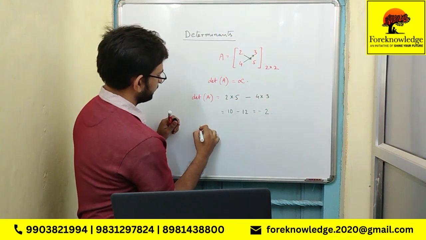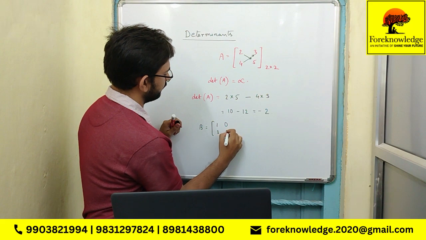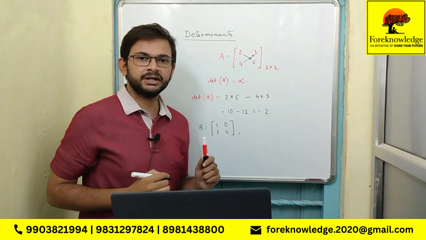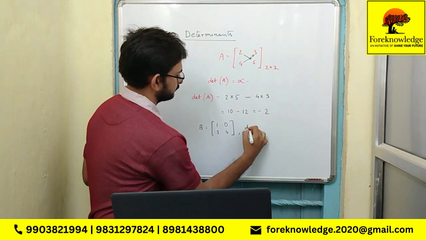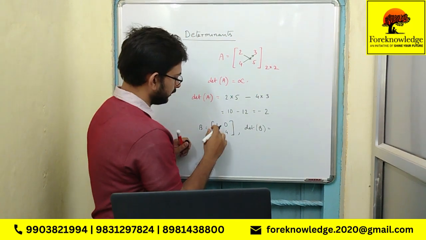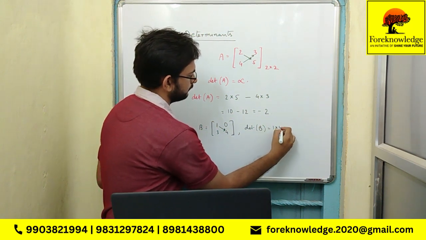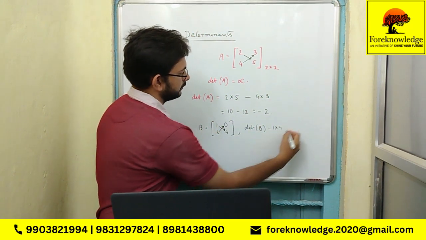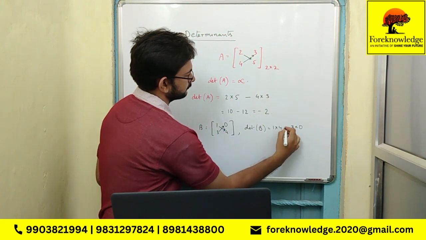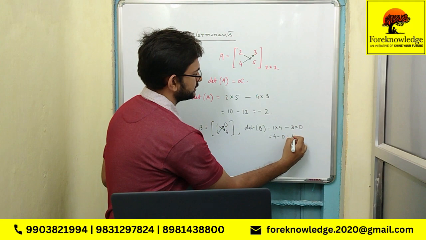Let's take another one. 1, 0, 3, 4. What is determinant B? Very simple. Diagonally multiply the elements. 1 into 4, 3 into 0. Subtract them. 4 minus 0, that is 4.